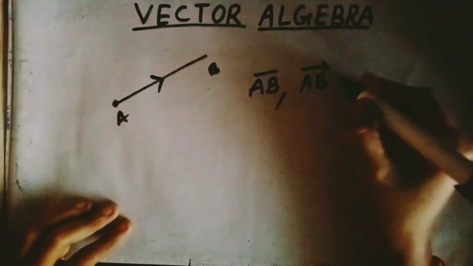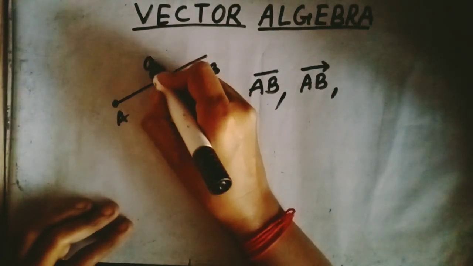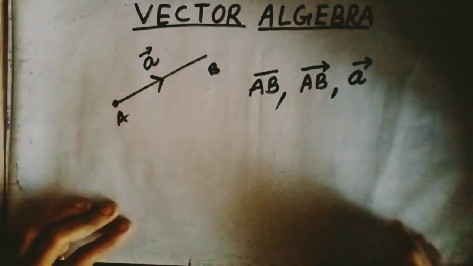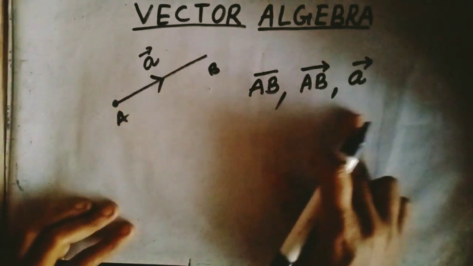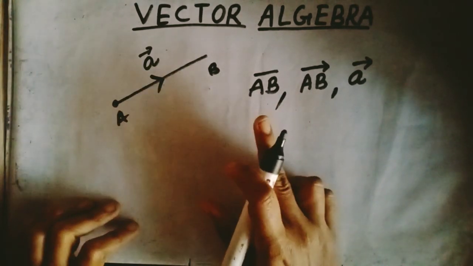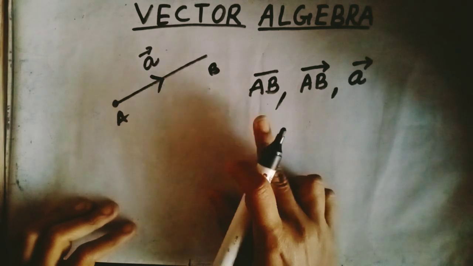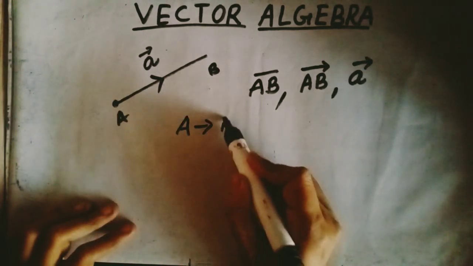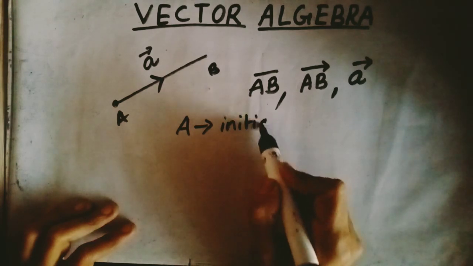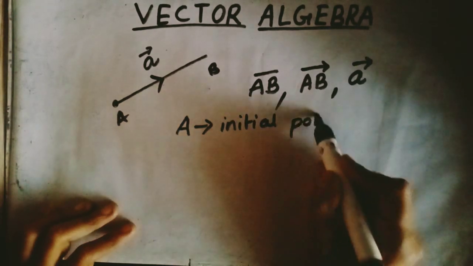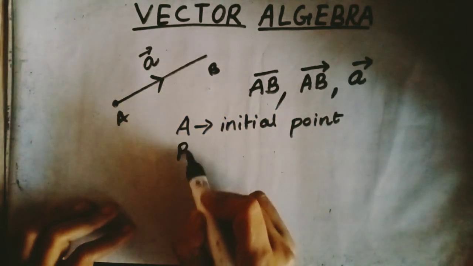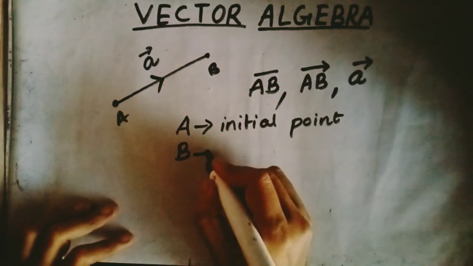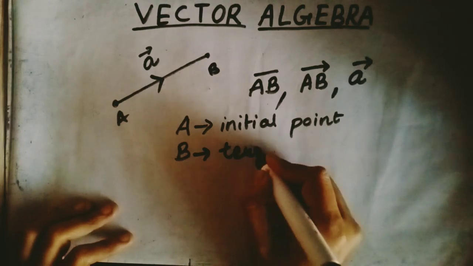If it is given as some a, then we denote it as a bar. This is the way a vector is denoted. Now this point A is called the initial point, and point B where it ends is called the terminal point.